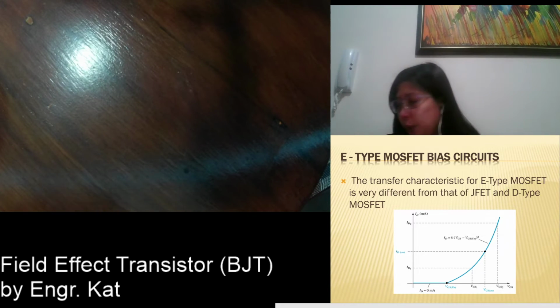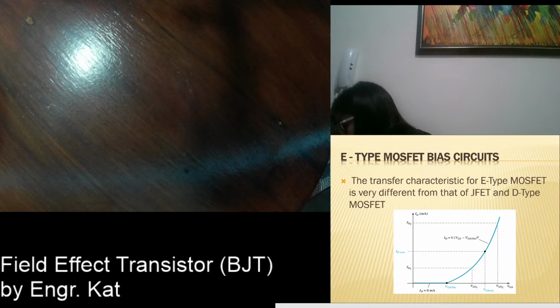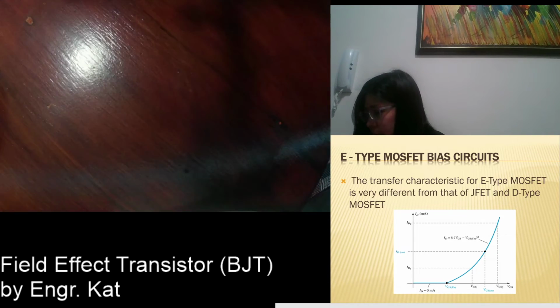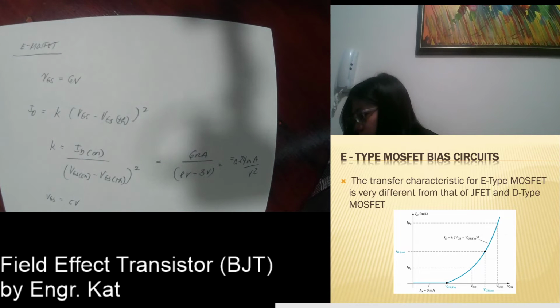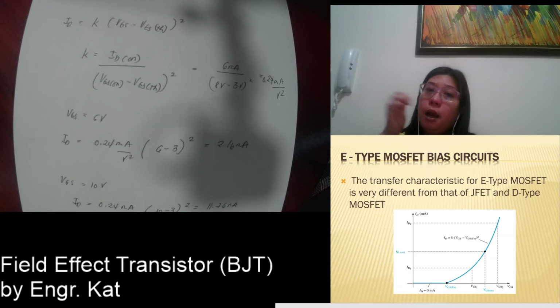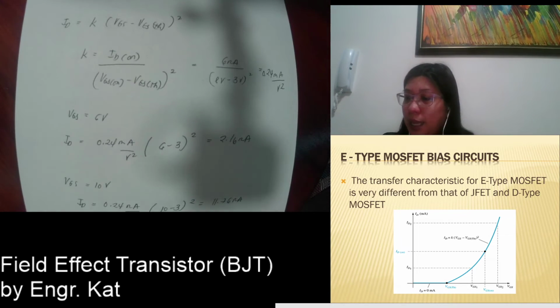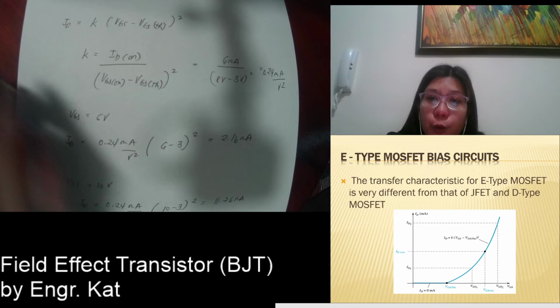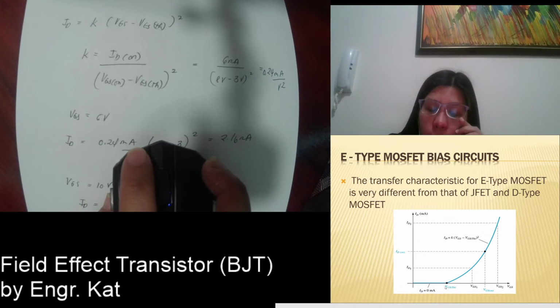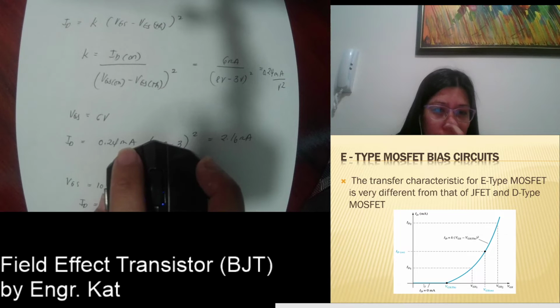Okay? So what is given? What is given in your E-MOSFET is that for all voltages below VGSTH, you don't have any current.